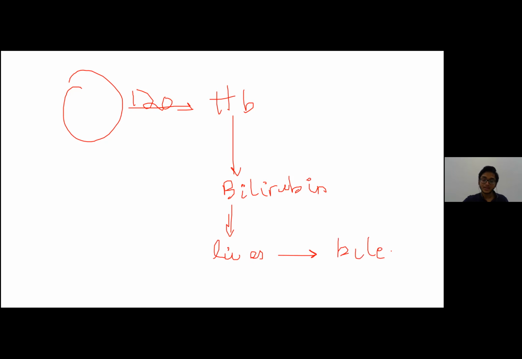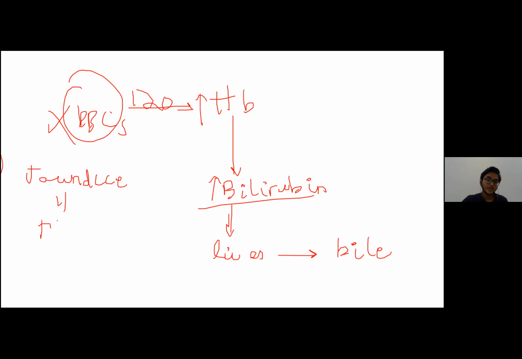Okay? Now, imagine this, because you will take this. Now, imagine you have a lot of breakup of these red blood cells. If you have a lot of breakup of these red blood cells, you have a lot of release of hemoglobin. If you have a lot of release of hemoglobin, you have a lot of bilirubin. Increased bilirubin causes jaundice. Okay, so jaundice equals high bilirubin.